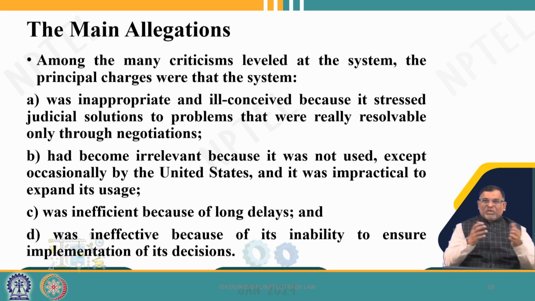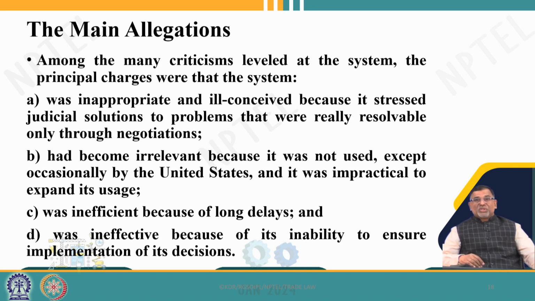So even though there were panels, mostly they produced negotiated decisions. People also say that it was not used as strongly as the present WTO system, and some of the main users were the United States and other countries, but still 132 disputes came before the GATT and 132 reports were issued. Another drawback pointed out was long delays, and implementation was always a problem.